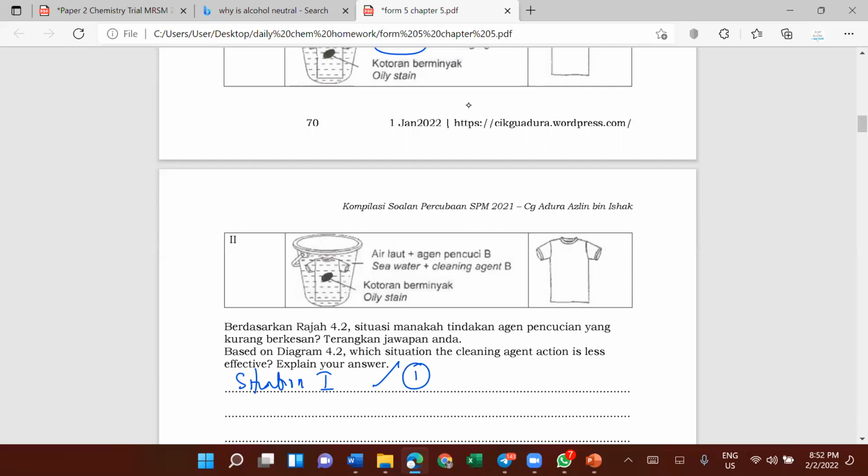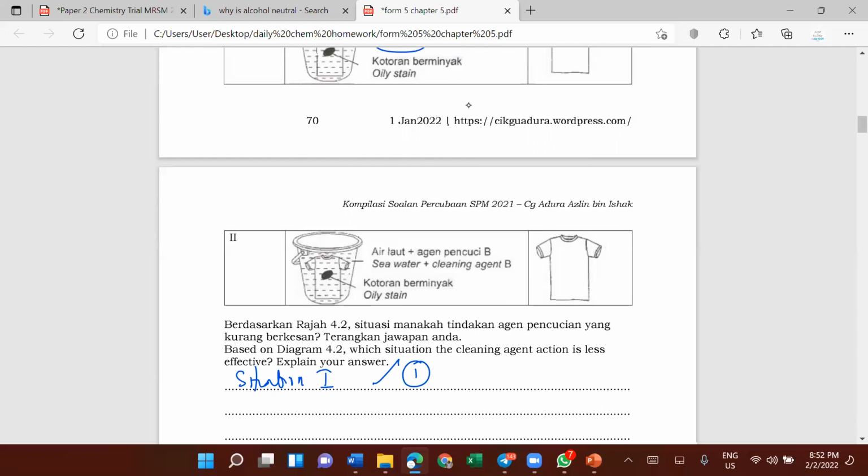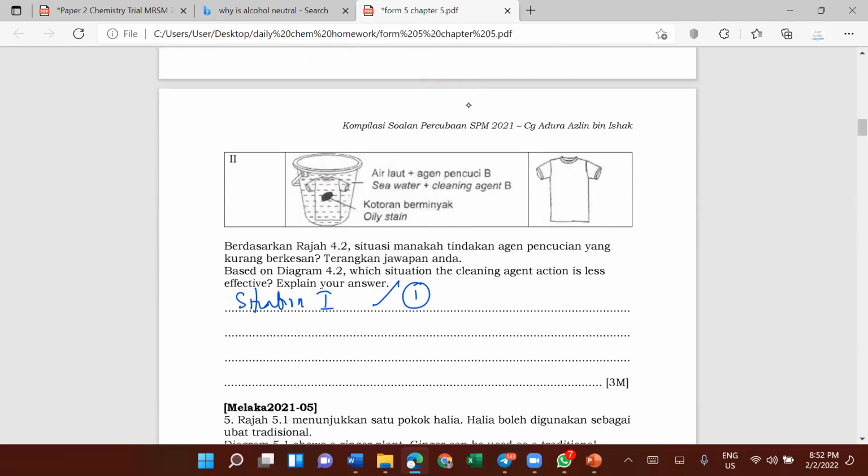Teacher's just going to break it down. Good job. Hard water contains calcium or magnesium ions. So this is my 2nd mark.